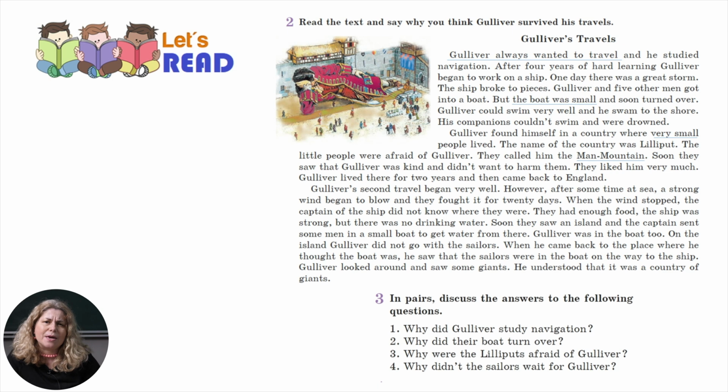Or maybe they did not know where he was, because it says in the text that he did not go with the sailors. Maybe they thought he was lost and they just left. Who knows? You need to read the book, and I'm not going to give you the answer because I want you to read some of the book.